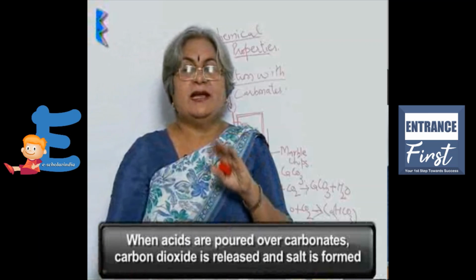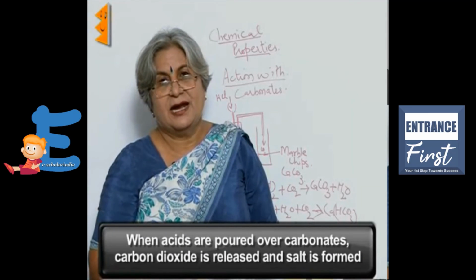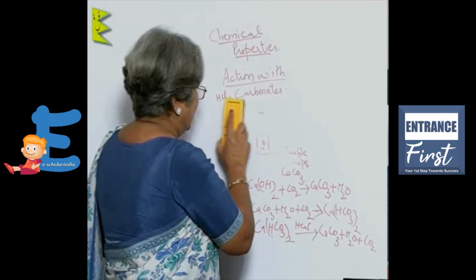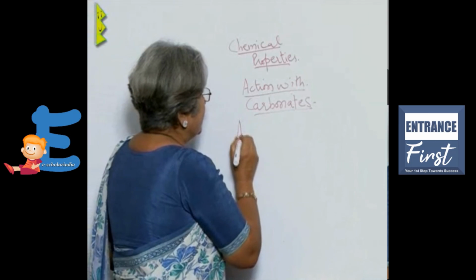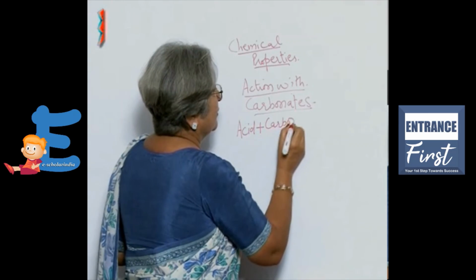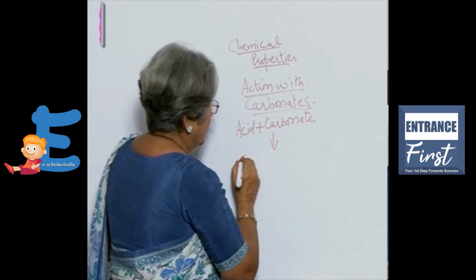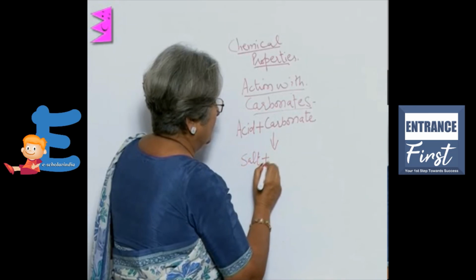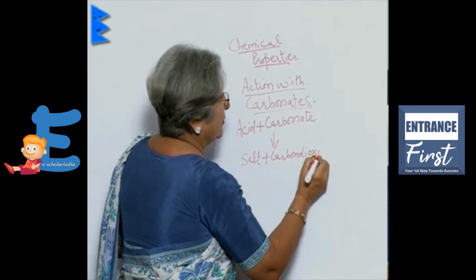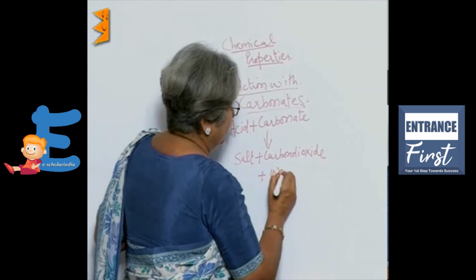So we find whenever acids are poured over carbonates, carbon dioxide is released and salt is formed. So the general equation can be something like this. Acids plus carbonate give us salt plus carbon dioxide plus water.